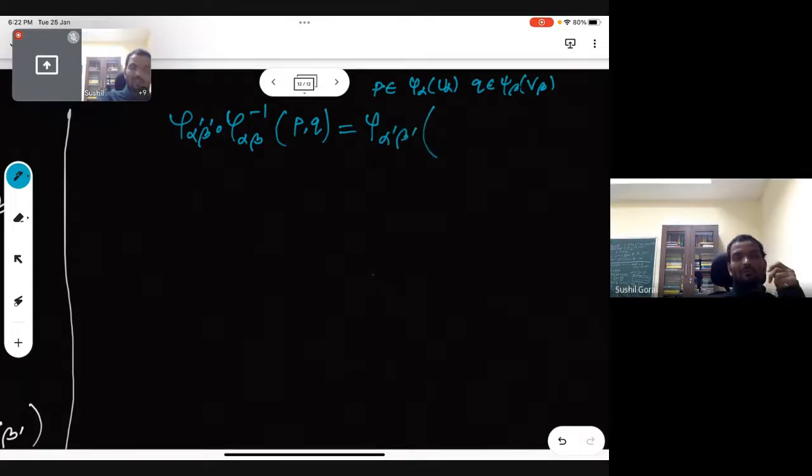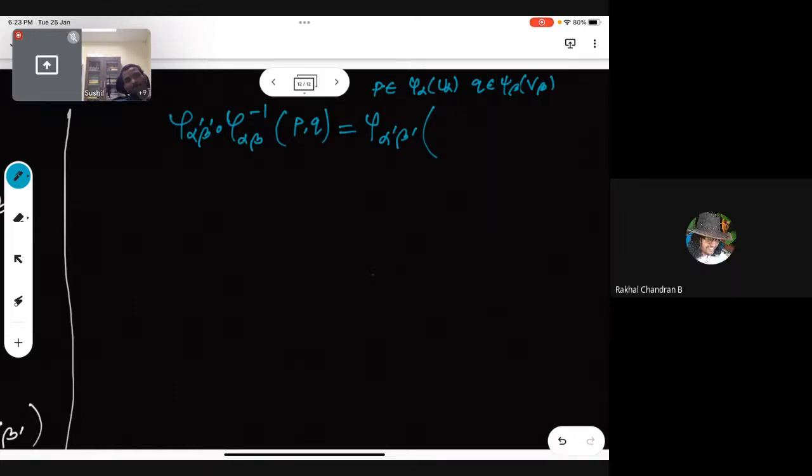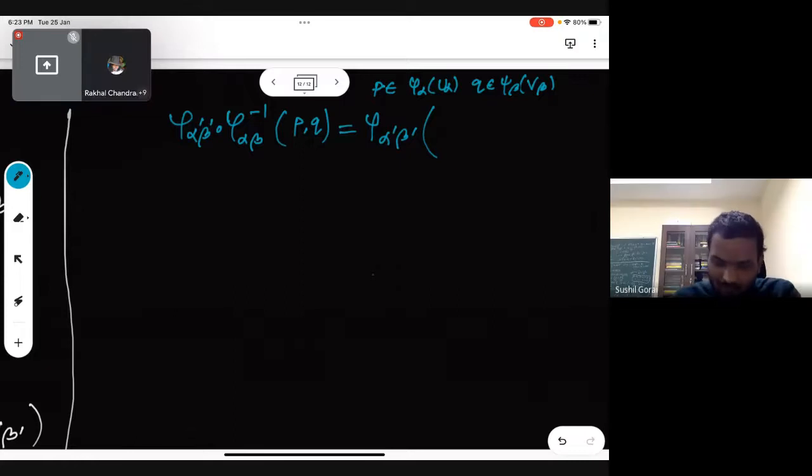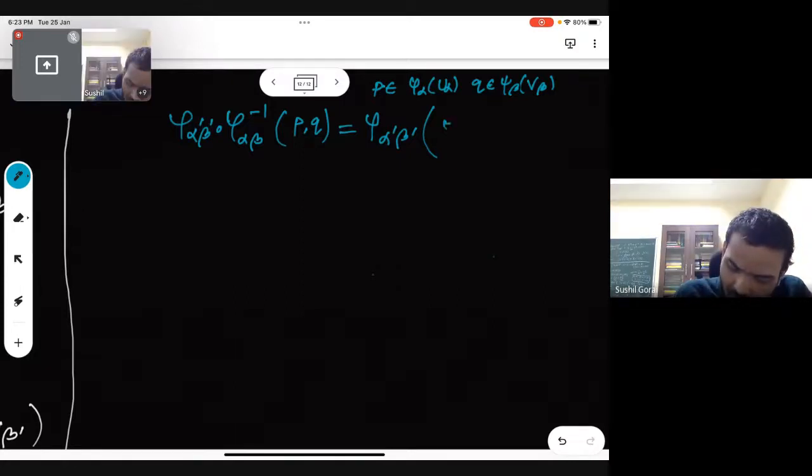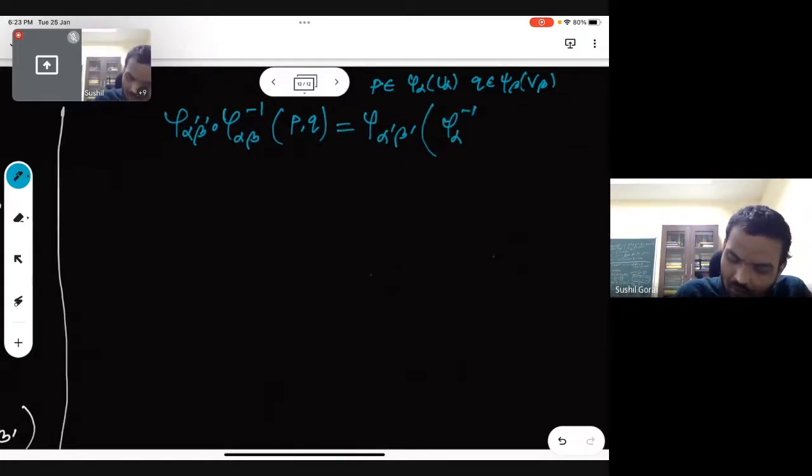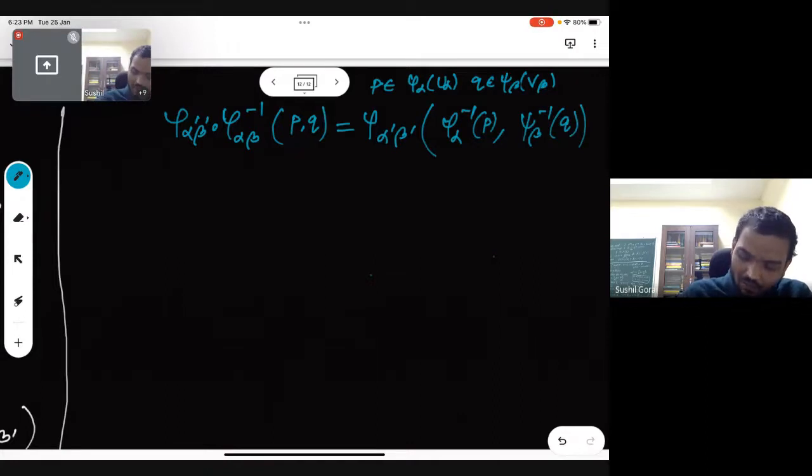So what will be this map? Psi alpha beta inverse, phi alpha inverse comma psi beta inverse, right? So phi alpha inverse p, comma, psi beta inverse q. It's the corresponding map, right?